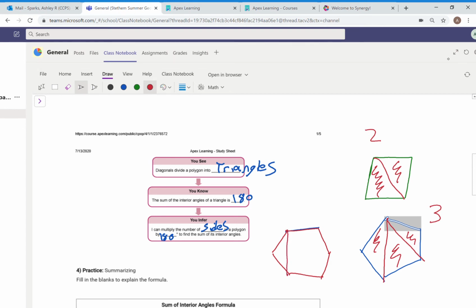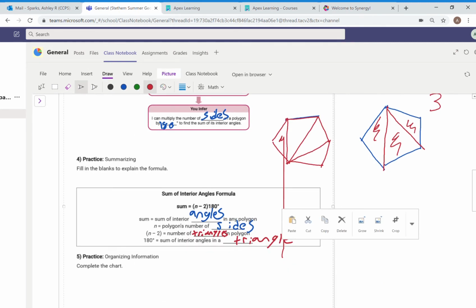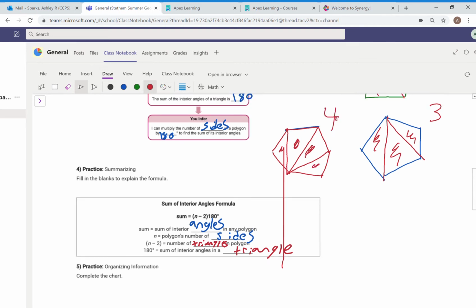There's a triangle. There's a triangle. And there's two more. So 1, 2, 3, 4.